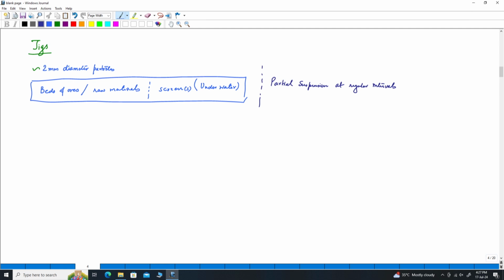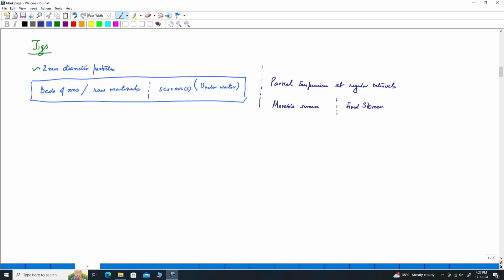So, we have just discussed we will either have a movable screen or we will have a stationary, constant, fixed screen. So, we will have a movable screen or a fixed screen.